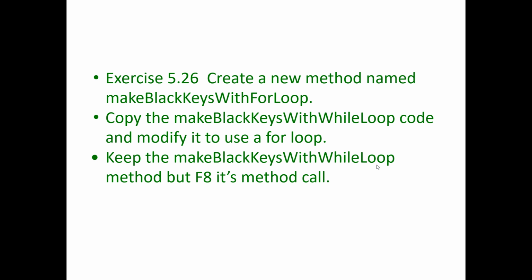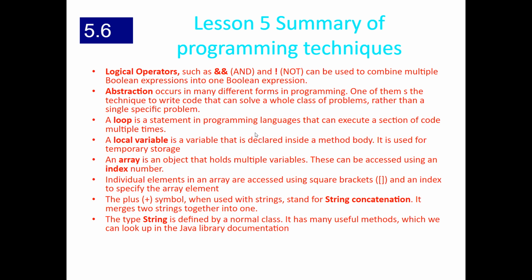Don't delete any code because I'm grading you on having all the code. But you're going to comment out its method call, so you're not going to ask it to use the while loop anymore, but you are going to ask it to make the black keys using the for loop. I'll help you do that. Okay, that's it. Better listen to me.